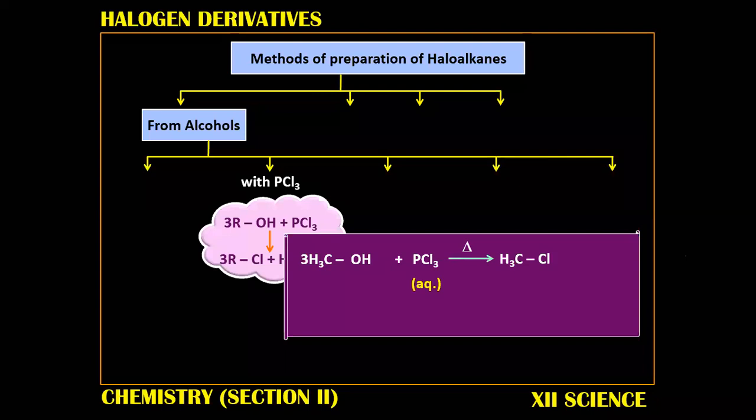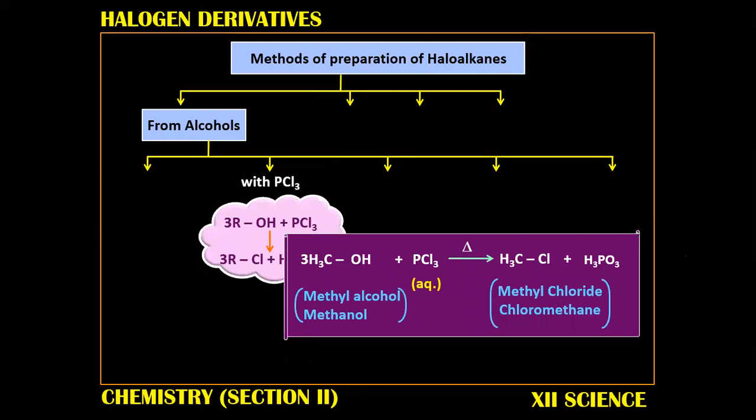See the product obtained. Along with that, we'll get H3PO3. Write down common and IUPAC name on both the sides. Methyl alcohol is called methanol. And the product is methyl chloride or chloromethane.